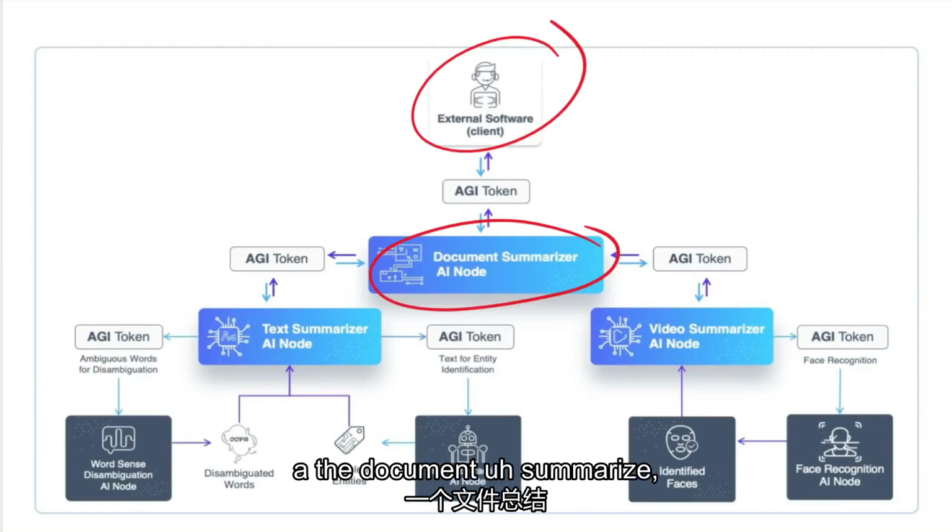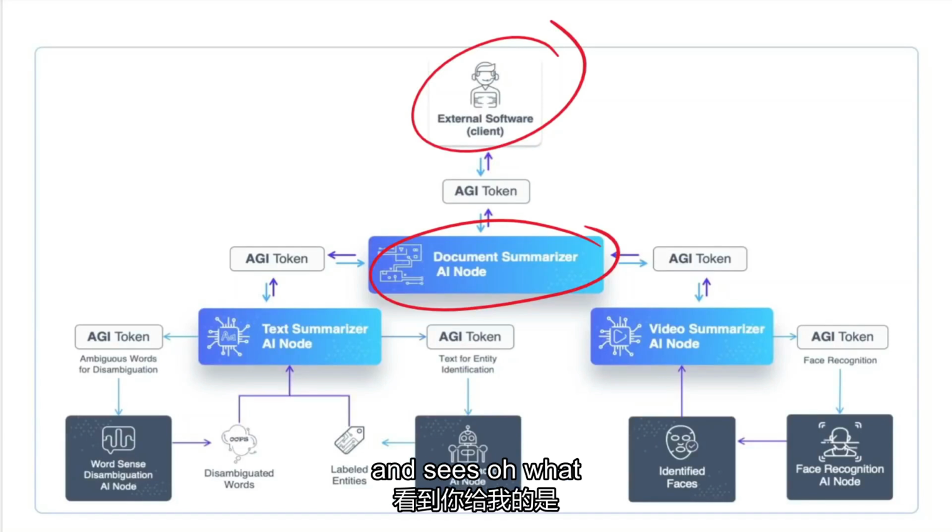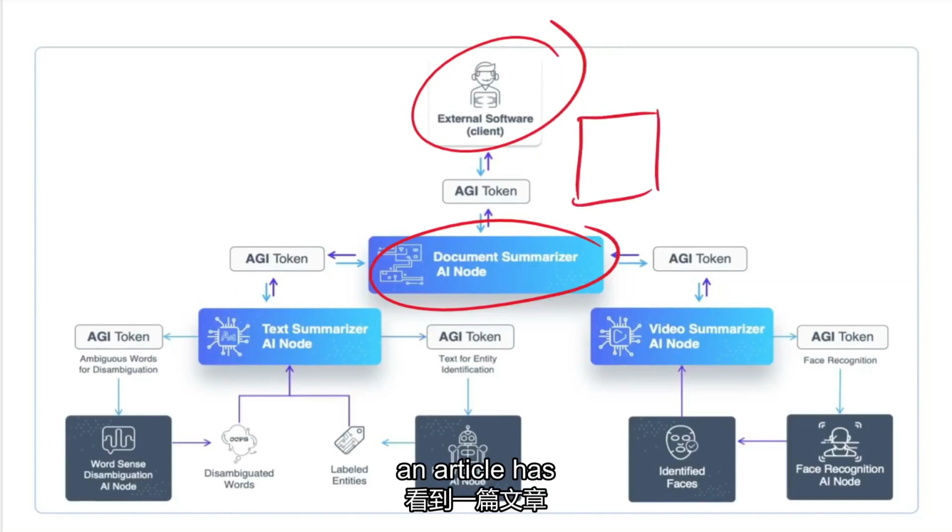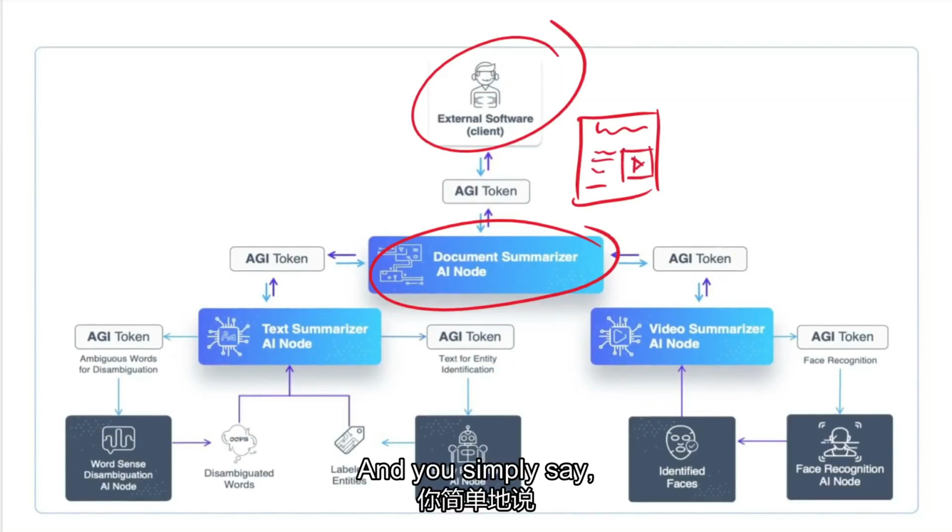The document summarizer, however, looks at this and sees, oh, what are you giving me? In this case, it might be an article of the New York Times that has both text and video. So you see an article, it has a title, it has a bunch of text, and here it has a little video to go along with it.